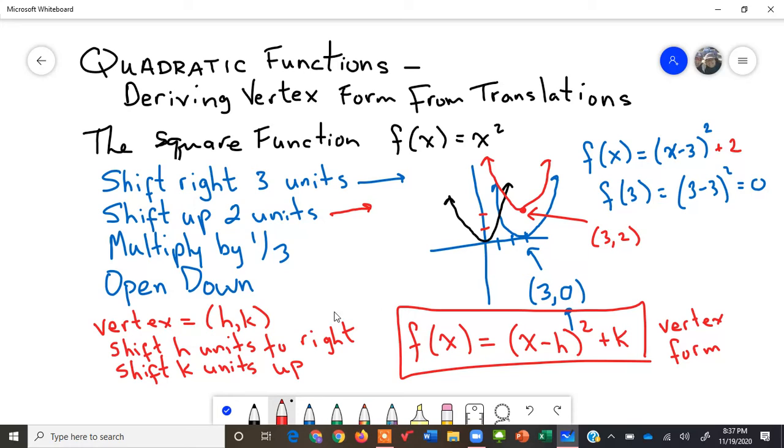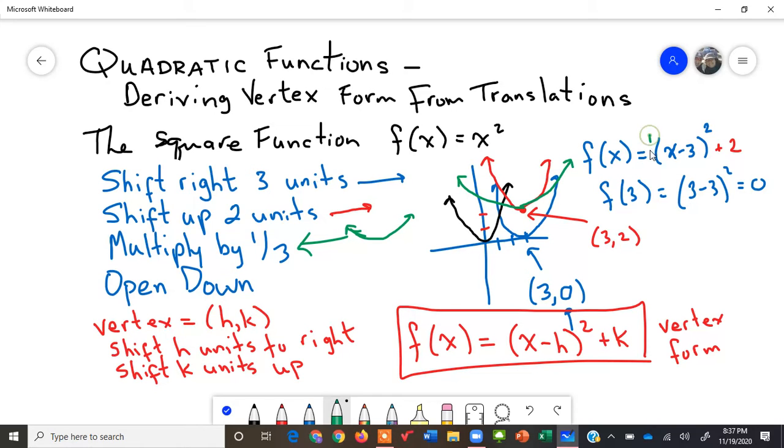Because what we want to do next is to multiply by 1/3 so that it becomes a flatter parabola. So here we are finally actually changing the shape. We want it to be wider, and we actually want it to be 3 times wider.